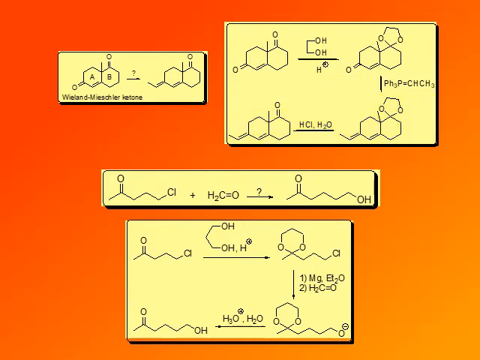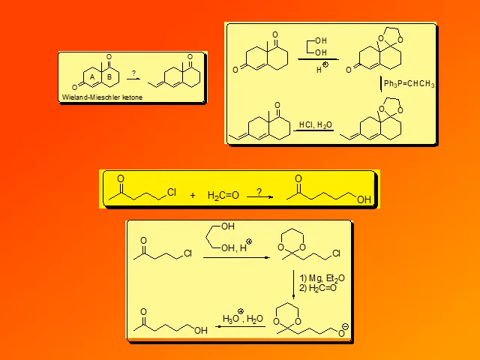Another example is the reaction of this chloroketone. We would like to extend the chain by one carbon atom and prepare a hydroxyketone. So how are we going to do that? The best way would be to convert the carbon-chlorine bond into an organomagnesium or organolithium bond and react that with formaldehyde.